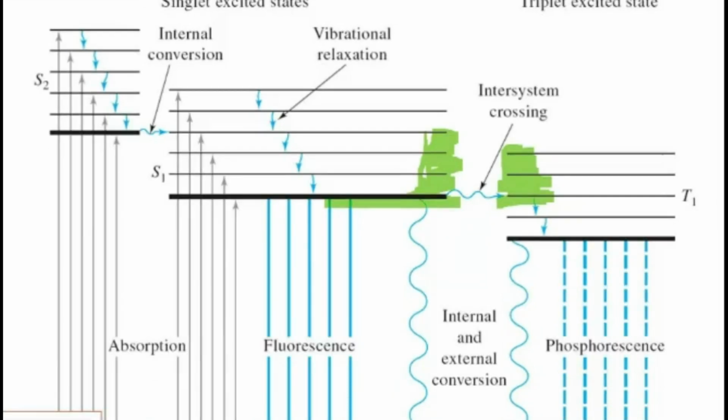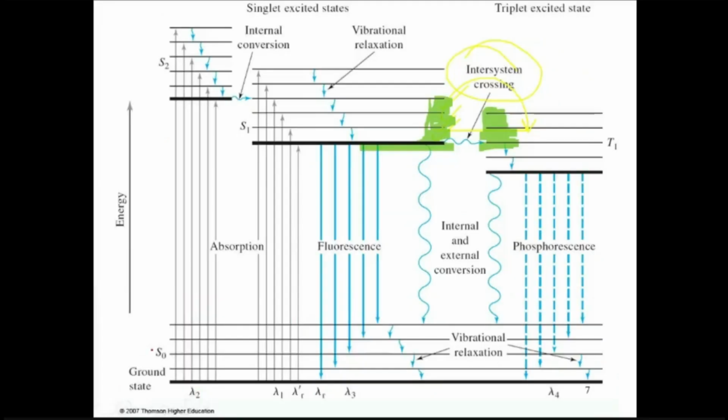Now, it may happen that some of the electrons in the singlet state, in these vibrational levels, may jump to the triplet state via inter-system crossing. Why is it called inter-system crossing? The reason is the system is being changed from singlet to triplet.